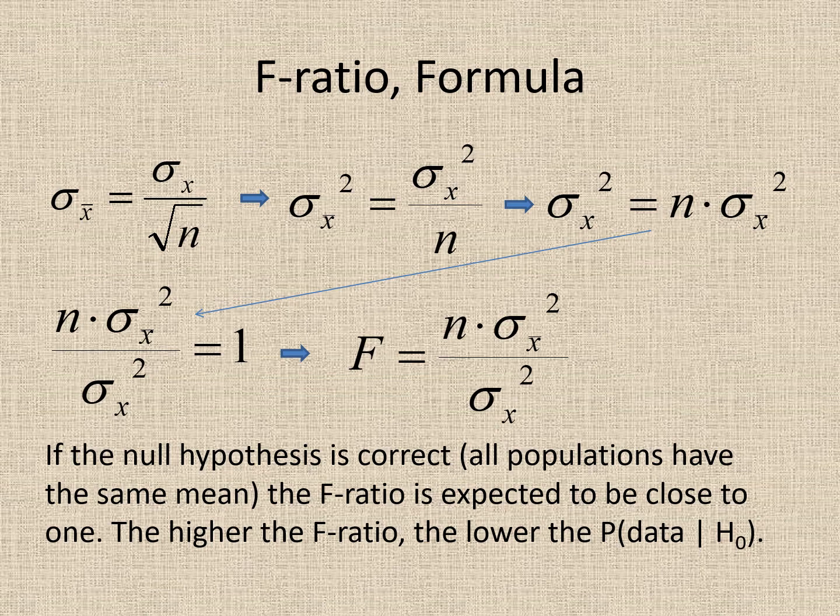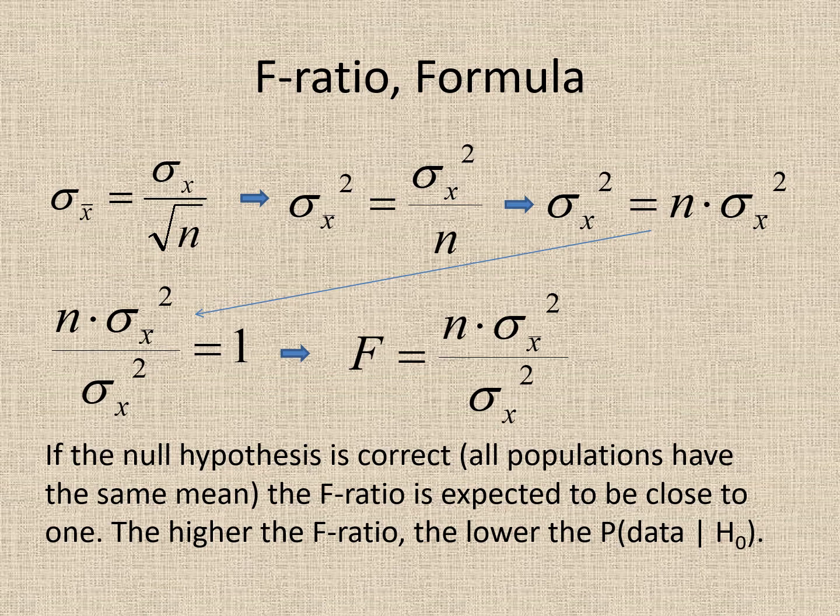What happens with the F ratio if we draw the samples apart, if we increase the difference between the sample means? What is increased in this formula? The numerator, because then we increase the variance between the sample means.